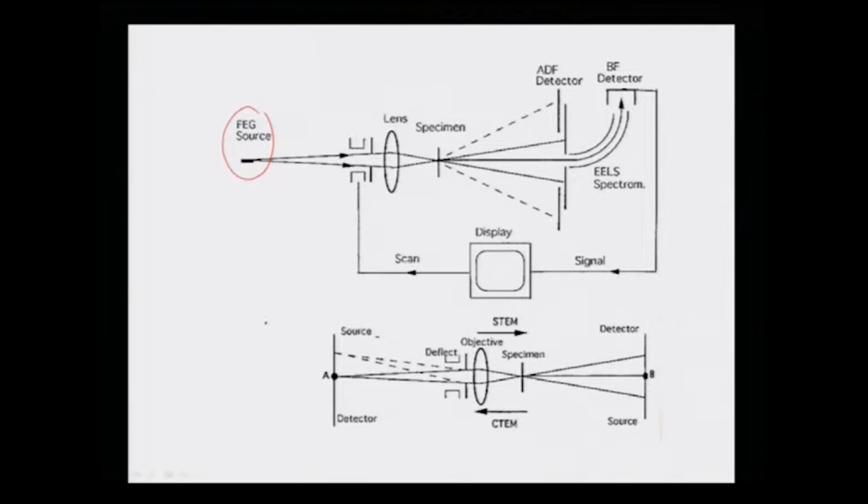So, that is why in this kind of STEM configuration, one uses something known as FEG, or field emission guns. The reason is very simple. In field emission guns, the intensities of the electron beams are very high, almost 3 to 4 orders of magnitude higher than the normal LaB6 filaments or the tungsten hairpin filaments.